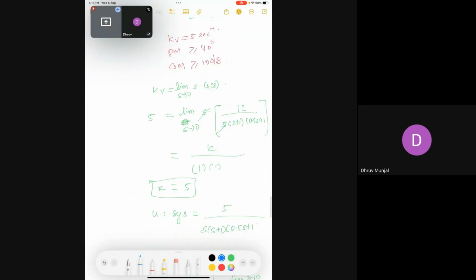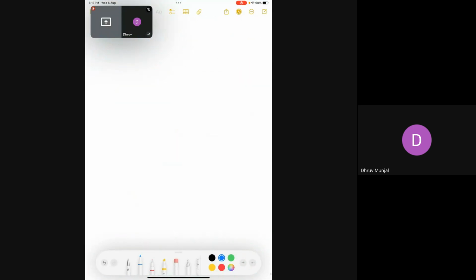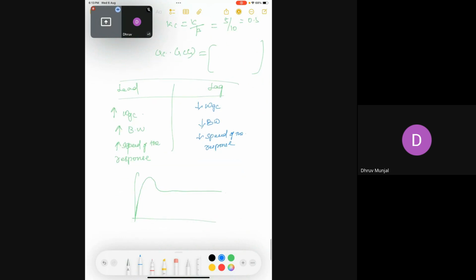Right. This is what I was telling. So when we compare the lead compensation and lag compensation, lead compensation increases the gain crossover frequency and thereby it increases the bandwidth. So the speed of the response is also faster. When you design a lag compensator from the uncompensated system, the compensated system has a very low gain crossover frequency.